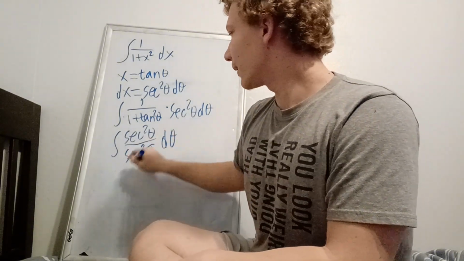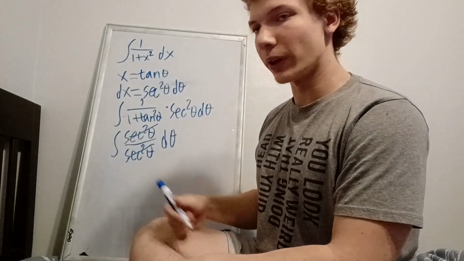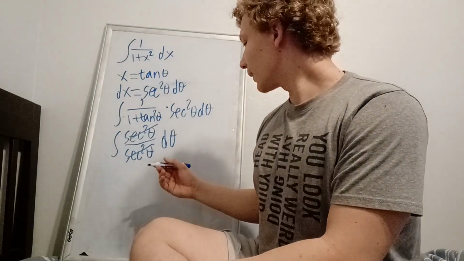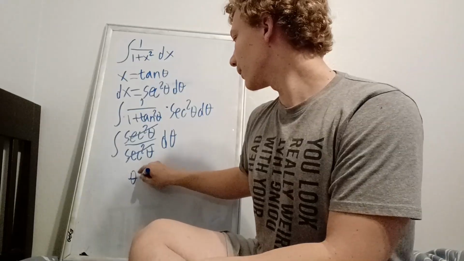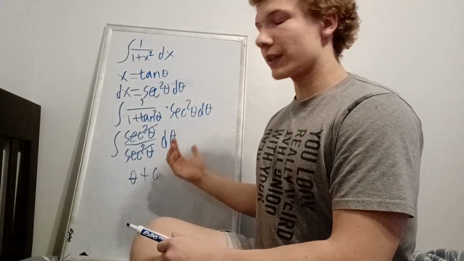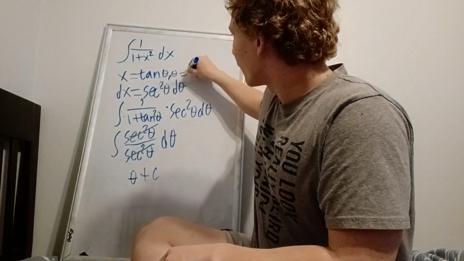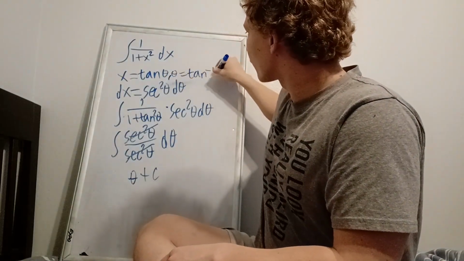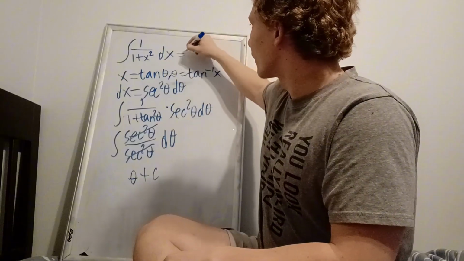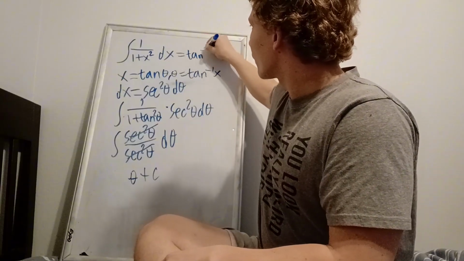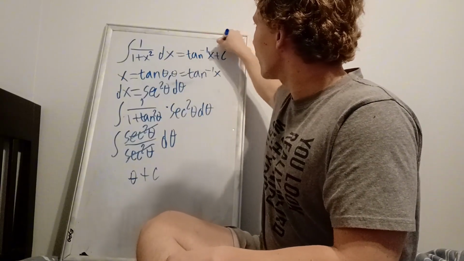Now again, this is just going to cancel out to be 1. The integral of 1 is just going to be theta plus c, except theta is equal to arctangent x, which means this integral is equal to arctangent x plus c.